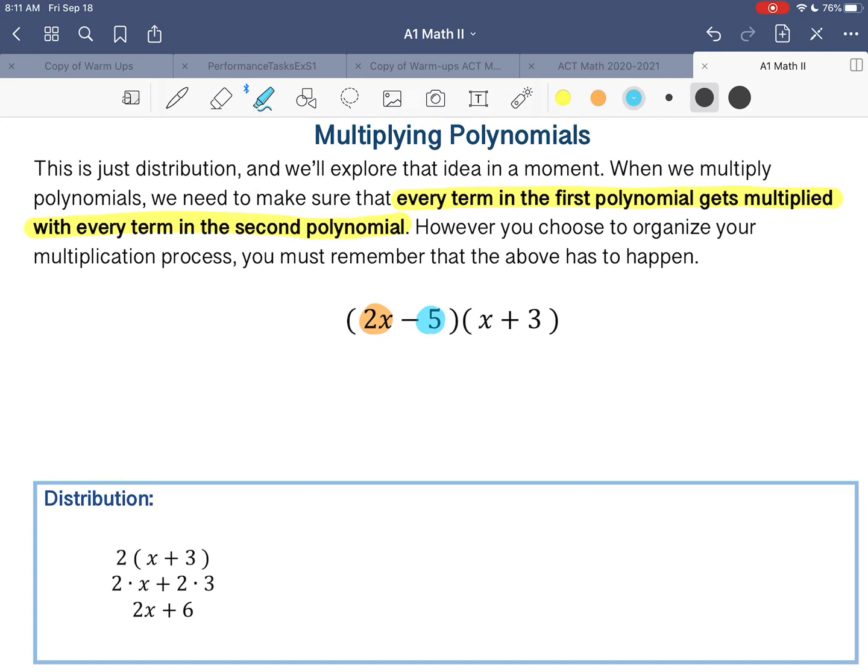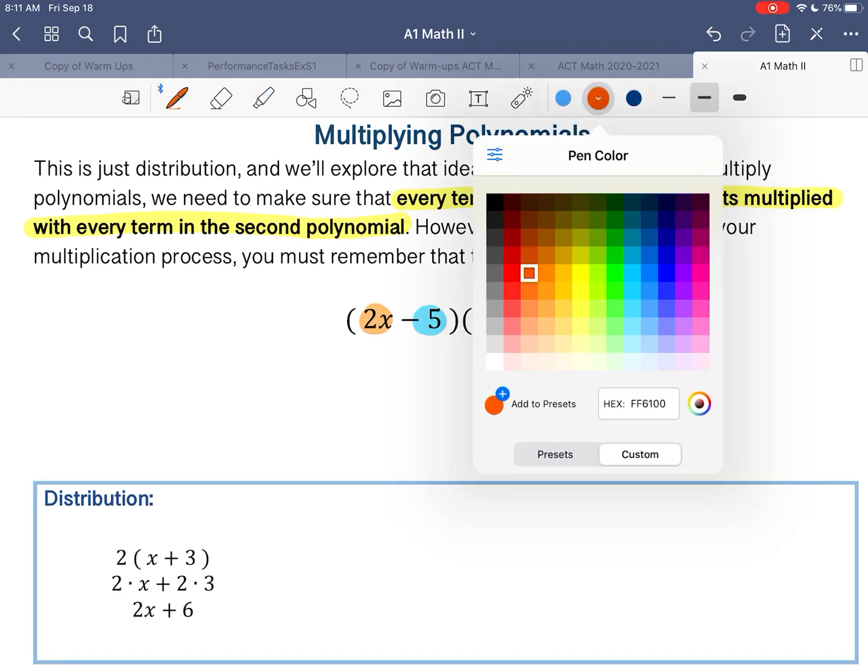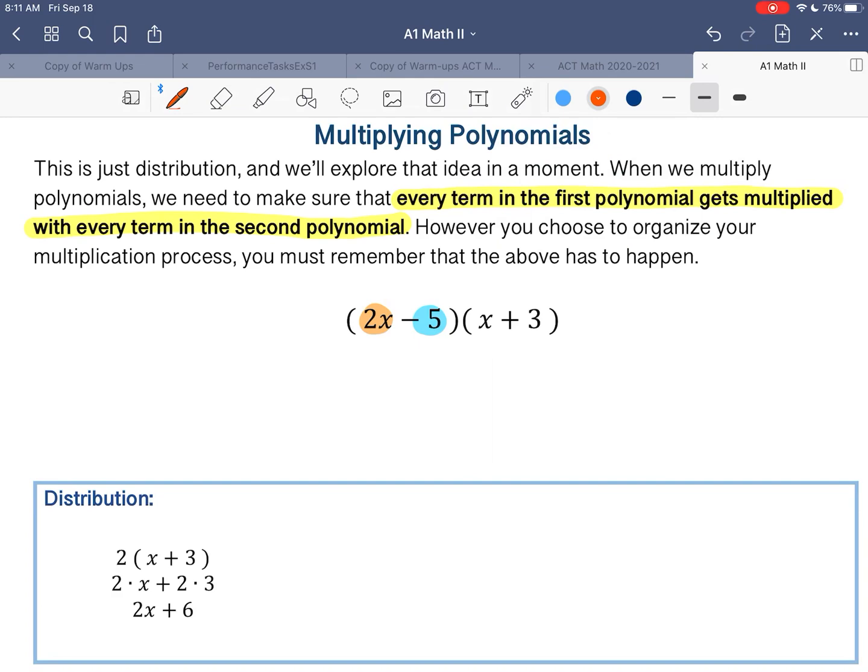But first I just want to show you. So here I have 2x and negative 5. To be sure that every term in the first polynomial gets multiplied with every term in the second, I'm just going to go term by term. I'm going to take my 2x and multiply it by everything in the second polynomial, the x and the 3.